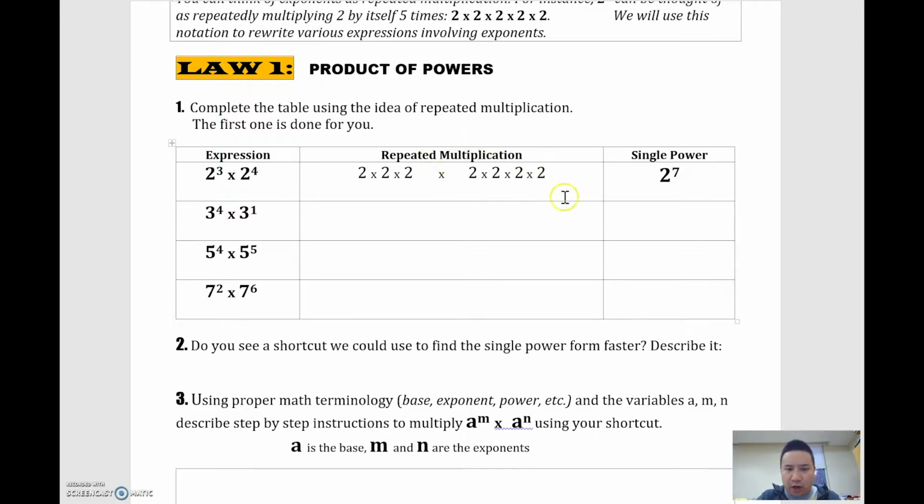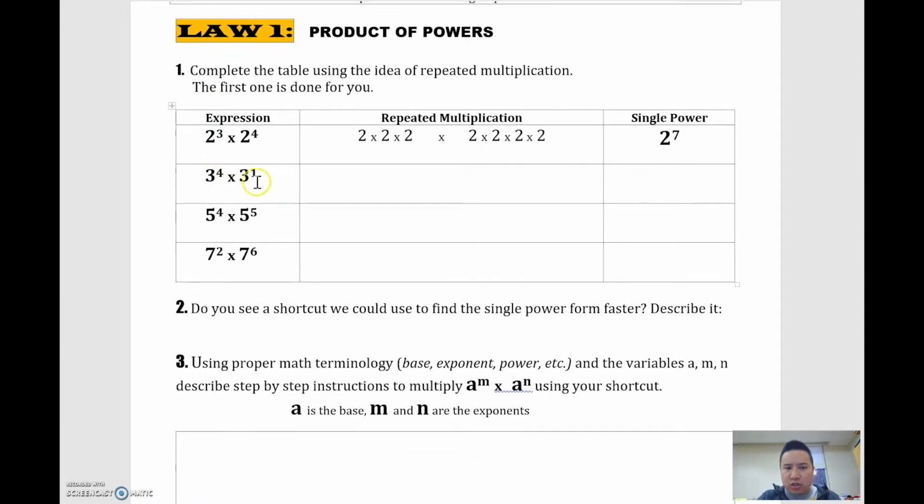Then if you take a step back and look at this whole thing, it's just a bunch of 2's. Well, how many 2's do we have? 1, 2, 3, 4, 5, 6, 7. 7 2's. So that's 2 to the power of 7. And the idea is you continue and do this for this expression, and this expression down here.